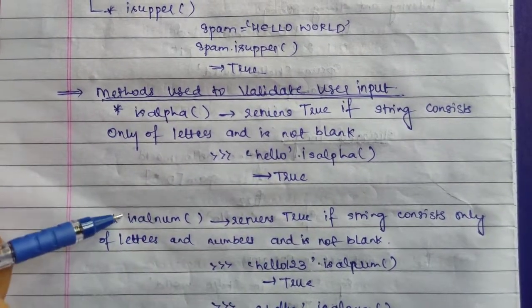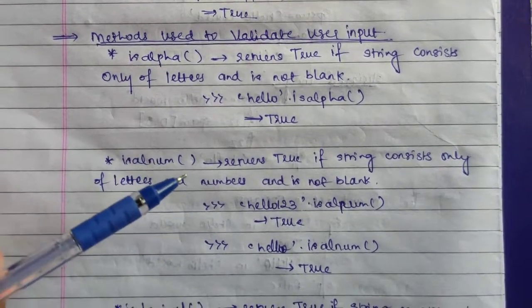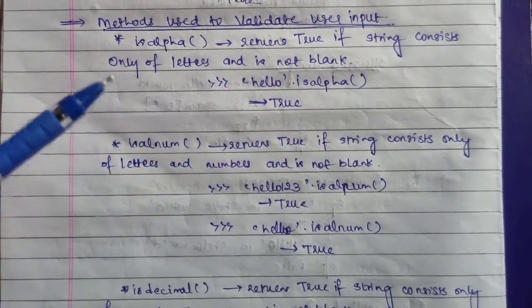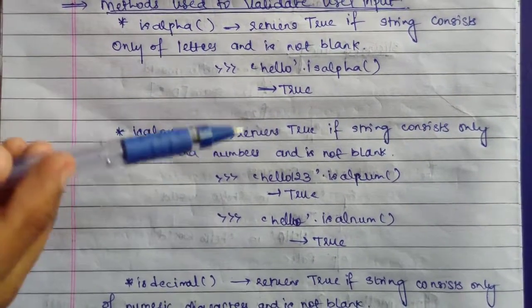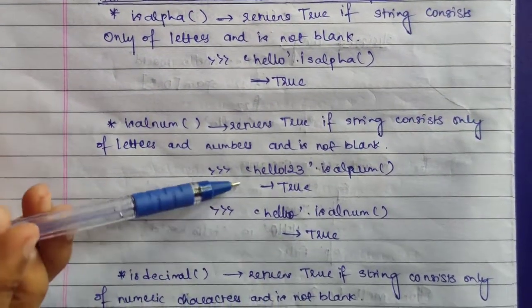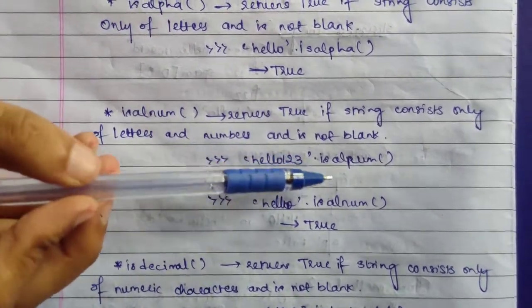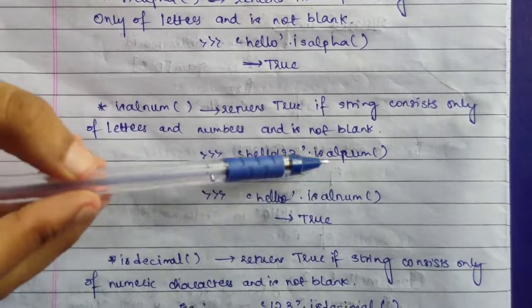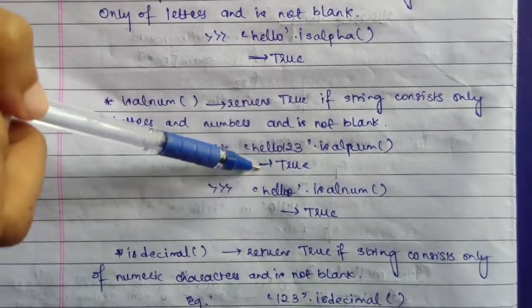Next function is isalnum. It will return true if the string is all alphabetic characters, or all numeric characters, or both can be allowed. So for example, hello123, that is a string, dot isalnum, that is the method. Since it is alphanumeric, it will return true.